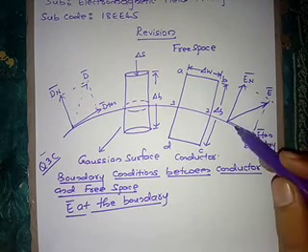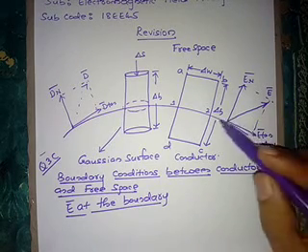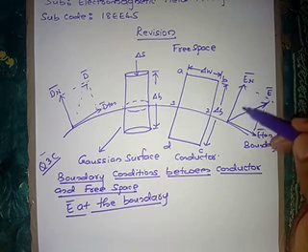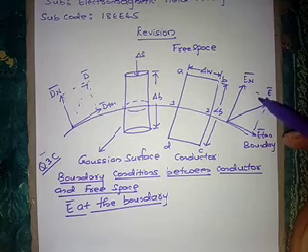It is resolved into two components. One is tangential to the boundary, called E tan bar. Another one is normal to the boundary, called En bar.